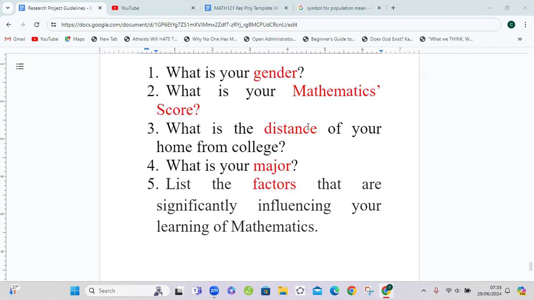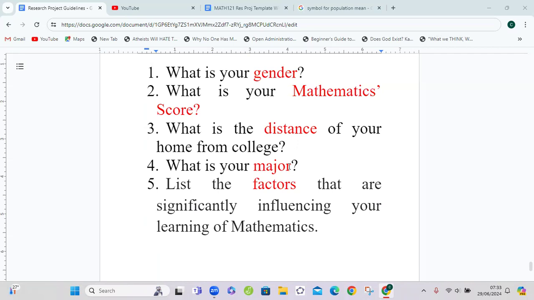Because you've got a research question that deals with distance and mathematics score, so you need data on those two variables. What is your major? Major appeared in your research question, so you need data on that so that you can perform your analysis and test your hypothesis.